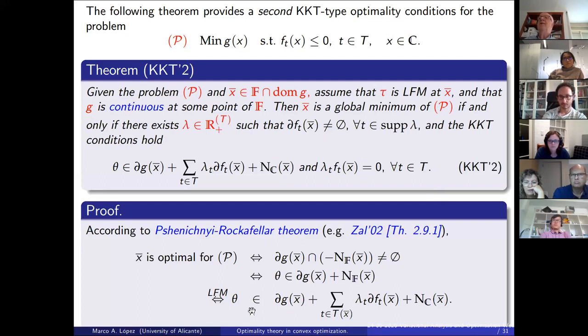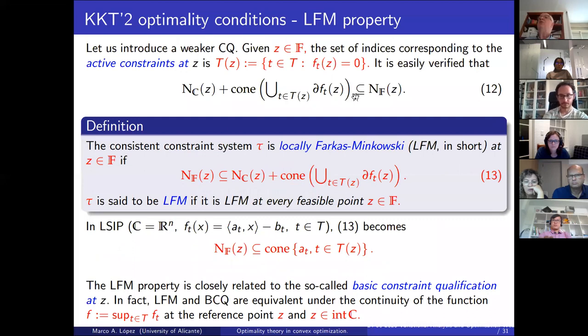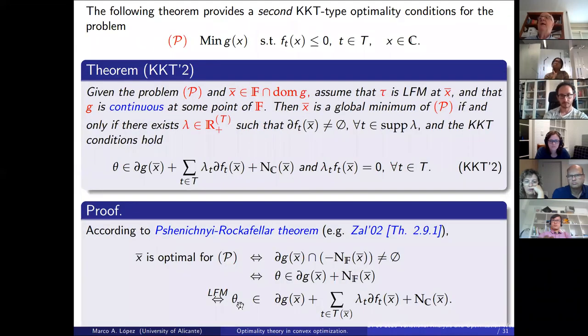And so, taking into account that the system is locally Farkas-Minkowski, I can replace this cone by this sum here. Because remember, this inclusion always holds. And so, for locally Farkas-Minkowski, I have equality here. And so 0 must be, or can be, expressed in this way. This is the full proof.